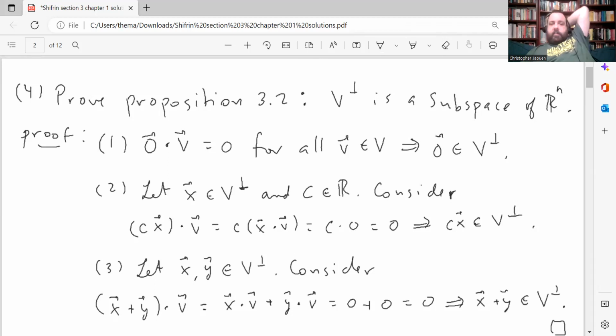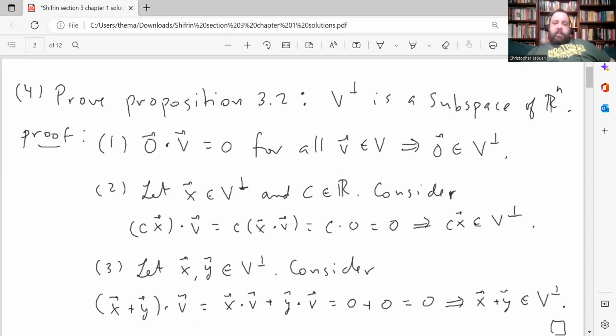When we take the dot product of the 0 vector with any vector, you get 0. So in particular, when you take the dot product of 0 with any vector in V, you get 0. And that implies that 0 is in Vperp. Property 2: take an arbitrary vector x in Vperp and an arbitrary scalar c, and take the dot product of the scalar product c times x with any vector v in V. Again, you can switch the order of the scalar multiplication and the dot product.